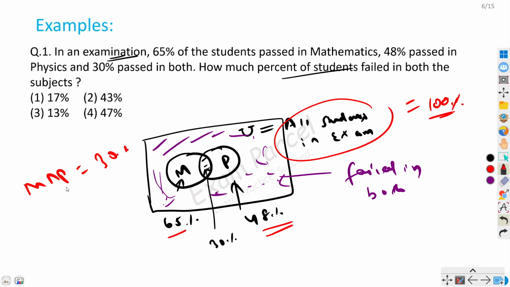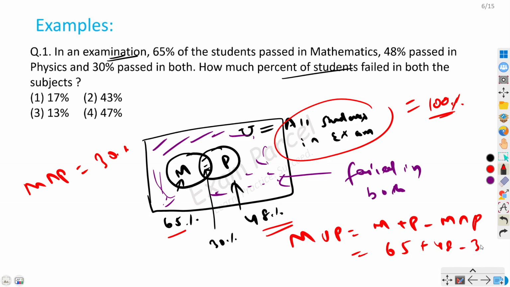That would be M union P. So M union P is M plus P minus M intersection P, right? We subtract the common one. So M is 65, P is 48, and the common one is 30. So 65 plus 48 is 113, minus 30 is 83. So 83% passed in at least one of these subjects.